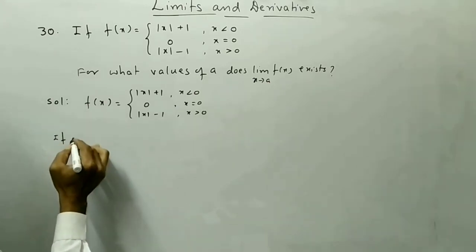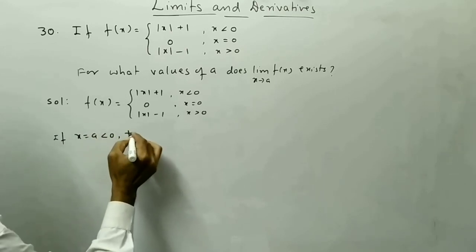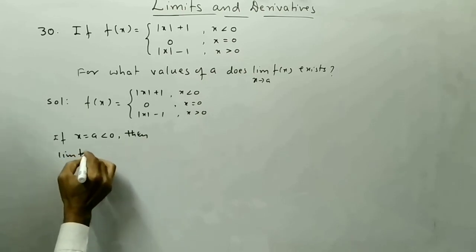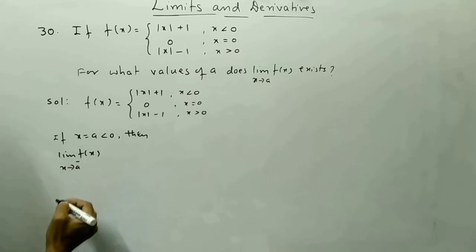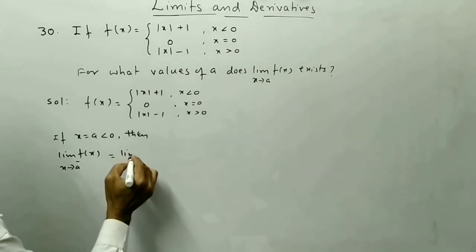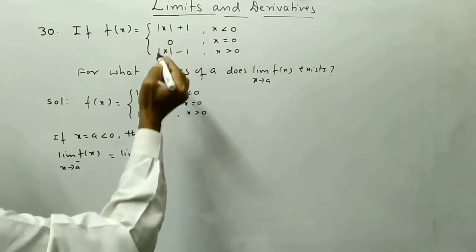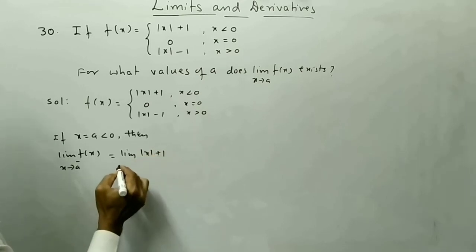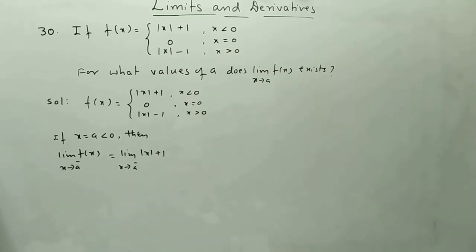If x is equal to a is less than 0, then the limit of f of x when x tends to a from the left side is equal to the limit of, when x is less than 0, the function is modulus of x plus 1 when x tends to a from the left side.